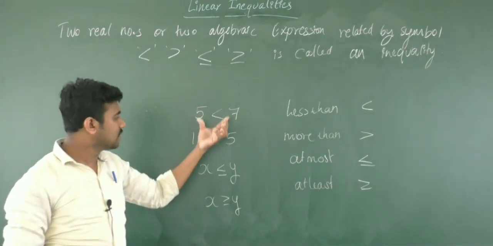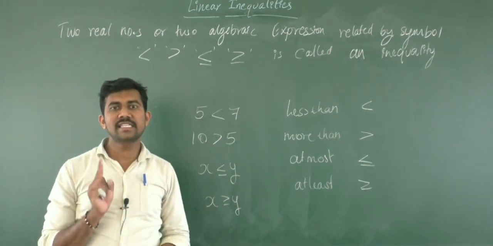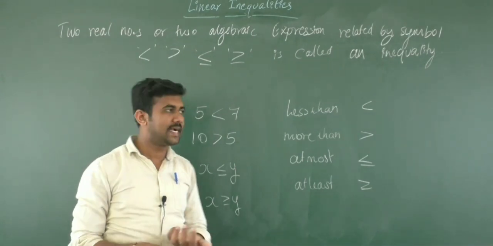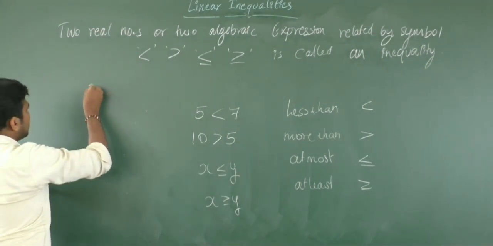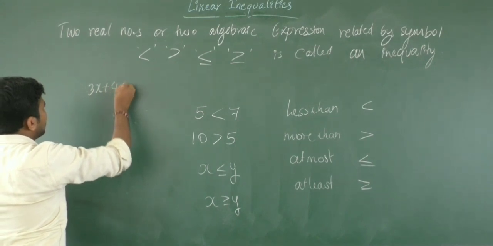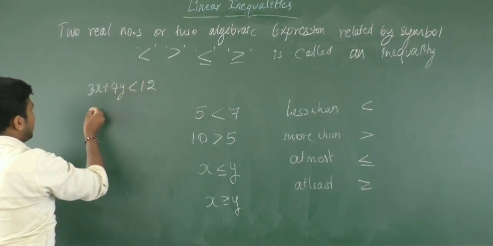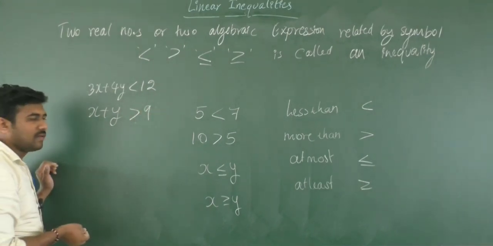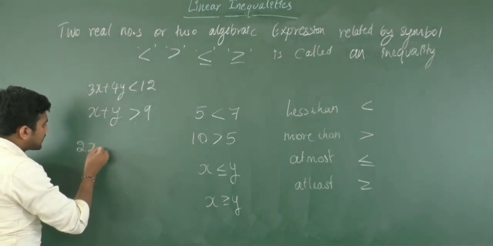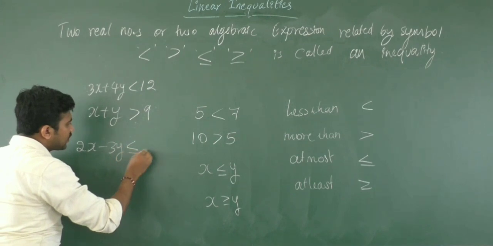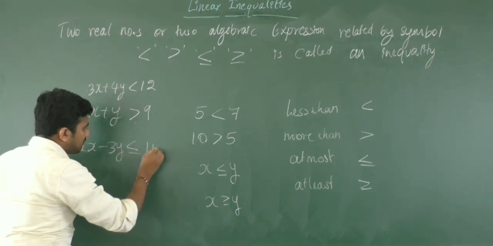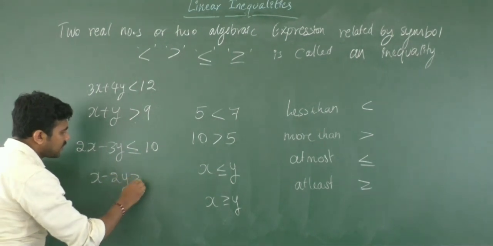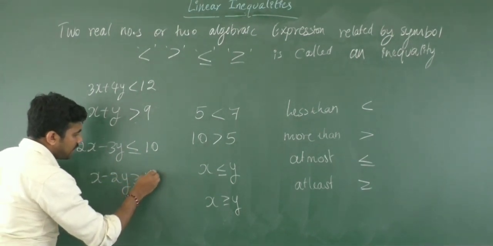So clearly those four are examples of inequality. We can give several examples like that. See, if you consider 3x plus 4y less than 12, x plus y greater than 9, 2x minus 3y less than or equal to 10, and x minus 2y greater than or equal to 11.